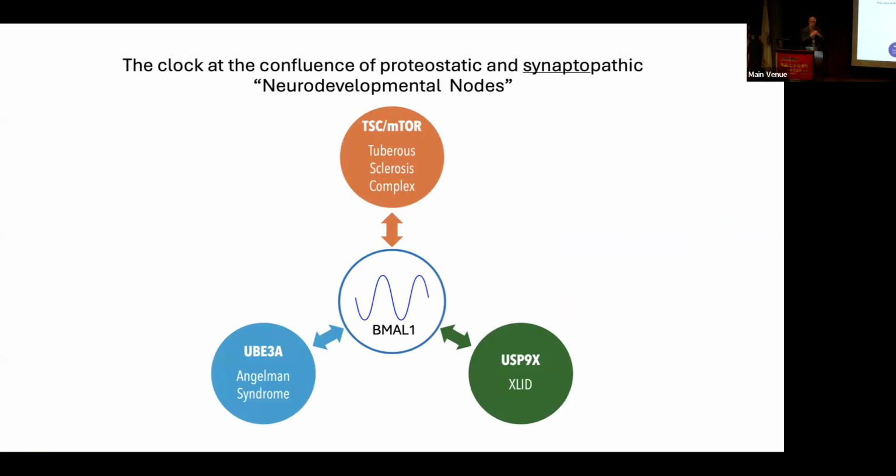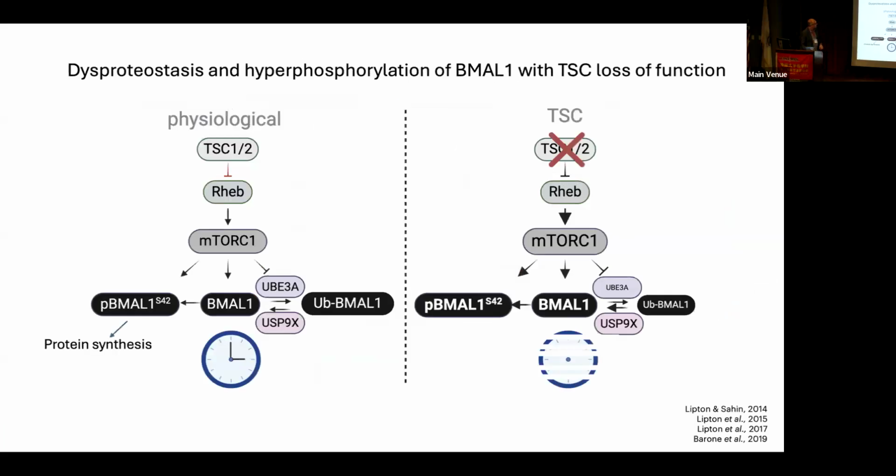So what this led us to think about is that we seem to have this core clock machinery. I mean, this is a little artificial, but we take together these data points. We have 3 different nodes. We have the TSC mTOR pathway. Sorry, I'm going to go back for one moment. We have this ubiquitin ligase called UBE3A, which is responsible for degrading BMAL. And that protein is actually a cause of a disorder called Angelman syndrome.